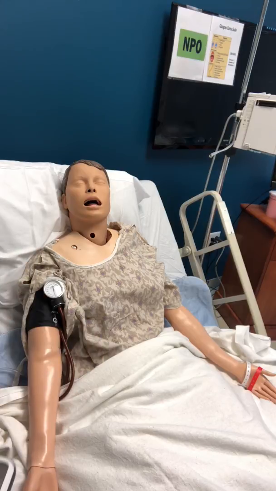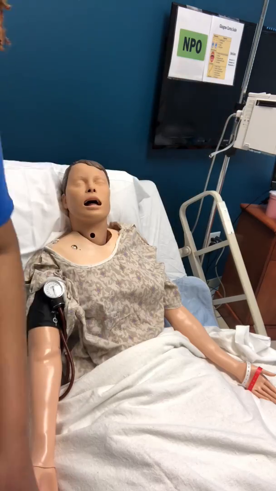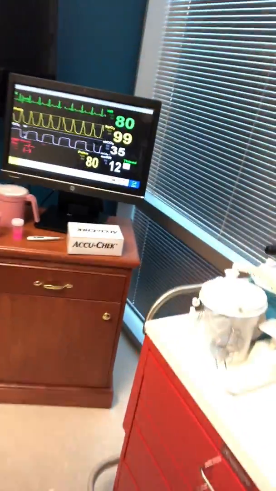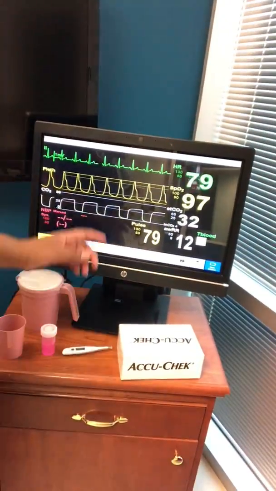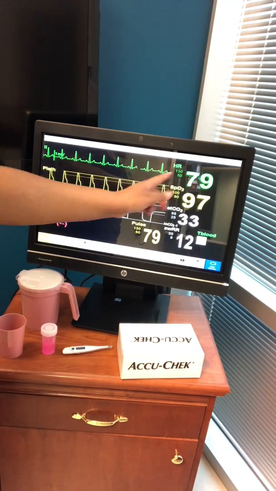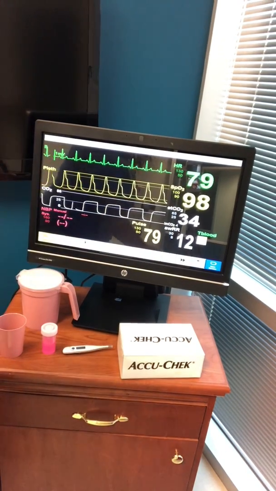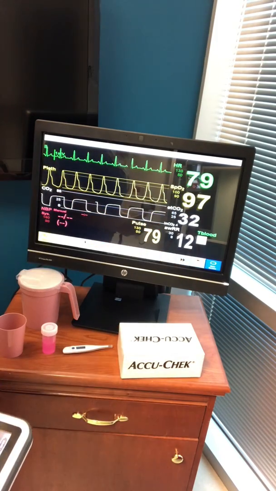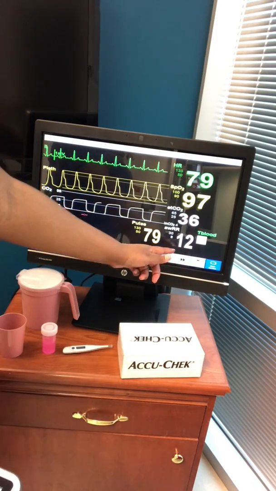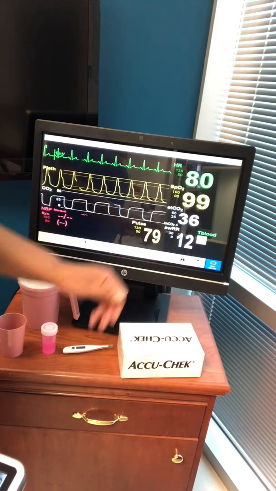Now I'm going to show you how we have a monitor over here, and we can use this monitor for our critical care students or students that are learning EKGs, okay? So we have a lovely normal sinus rhythm, fully equipped with a nice heart rate, SpO2 98%, respiratory rate 12, pulse rate 79.